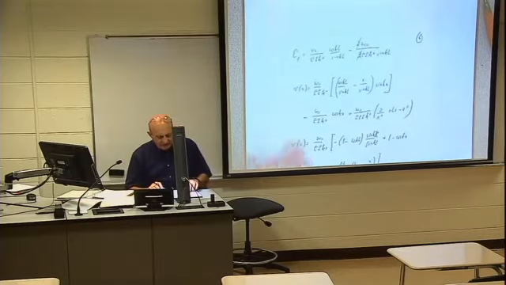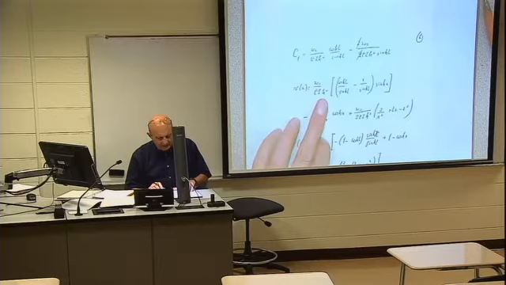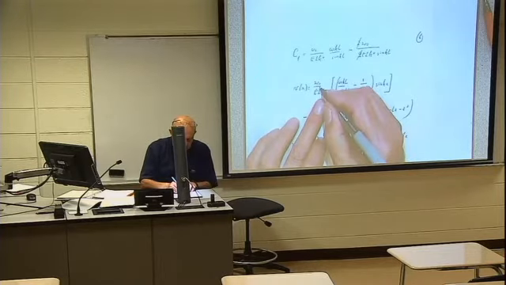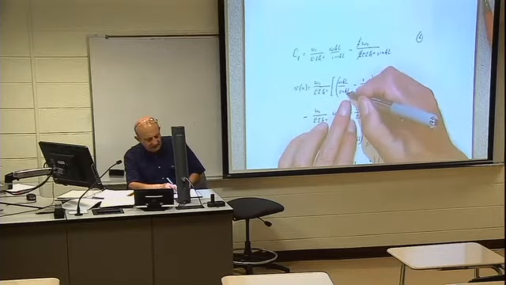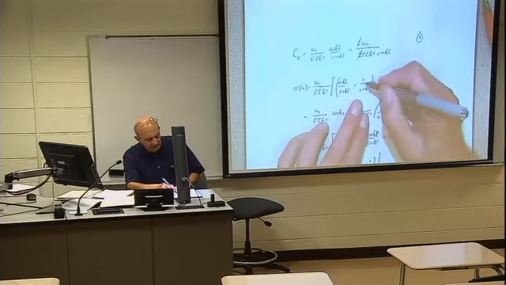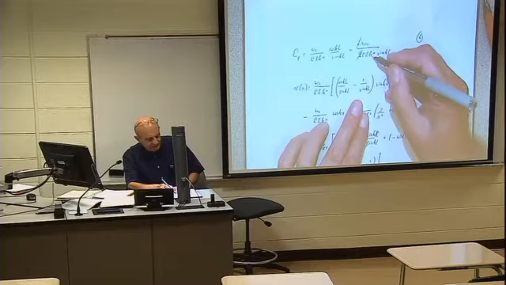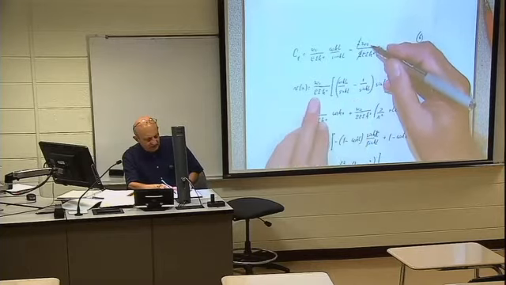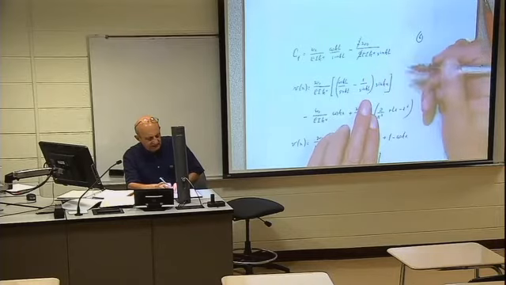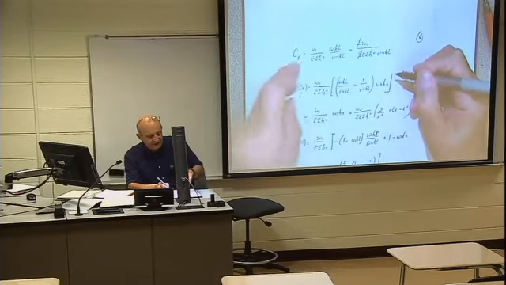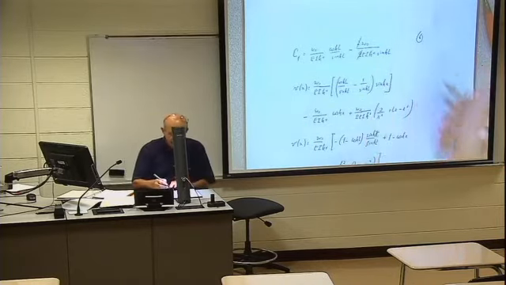So V of x equals W0 over EI k to the fourth power, then cosine KL divided by sine KL minus 1 over sine KL, and this C1 is multiplied by sine KX.